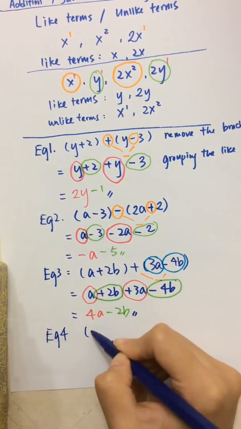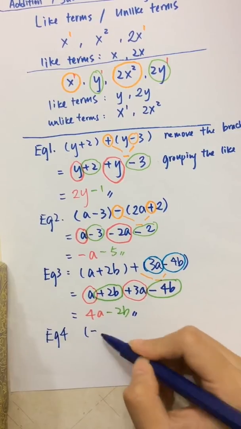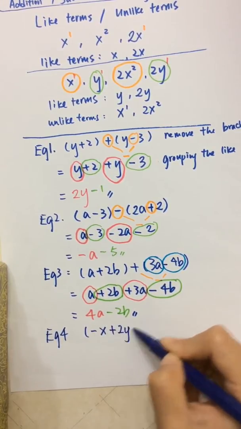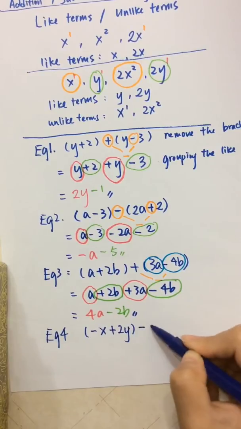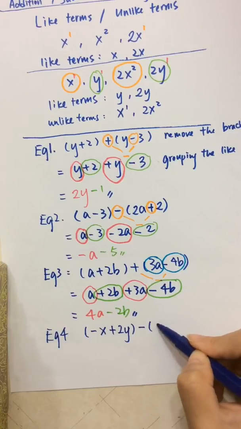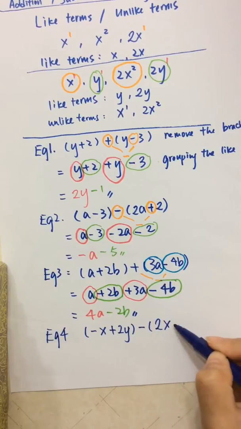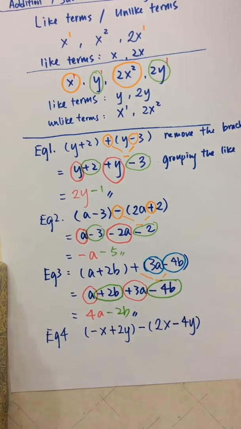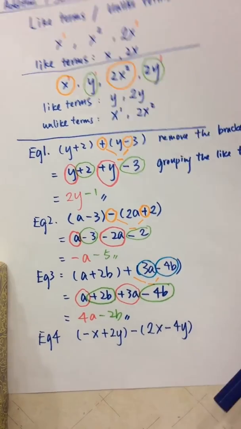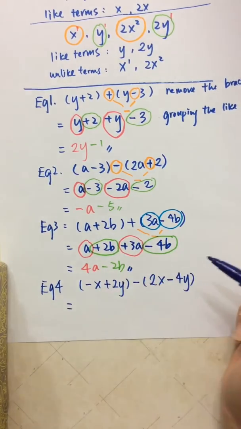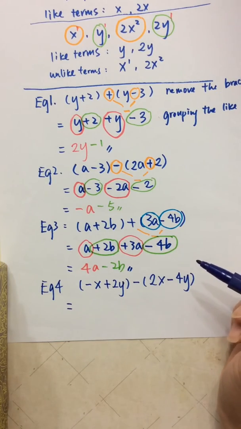For example, here, negative x plus 2y, and then minus 2x minus 4y. For this case, you should also remove the bracket.